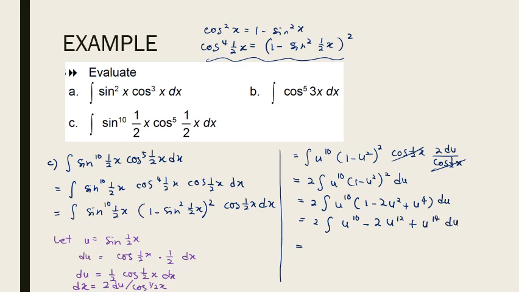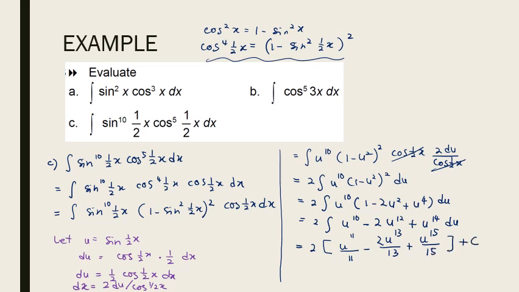Okay, and then integrate. So, 2 u power of 11 over 11 minus 2 u power of 13 over 13 plus u power of 15 over 15 plus c.